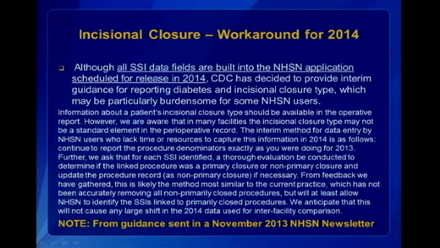You're going to pull that record out and change that record, because you've now discovered that was an open procedure. Okay? So what we'd like you doing in 2014, the fields are there, is working on a method that you will be able to more easily capture the closure method for your operative procedures.